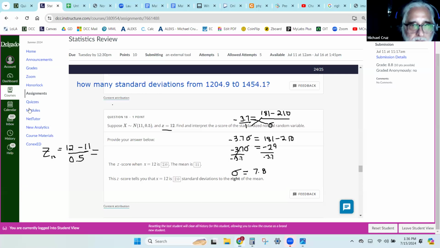So then this is also 2. So the z-score for 12 is 2.0, and the mean is 11. So what that's saying is that the score 12 is 2 standard deviations above the mean.